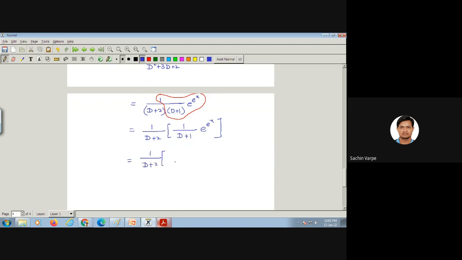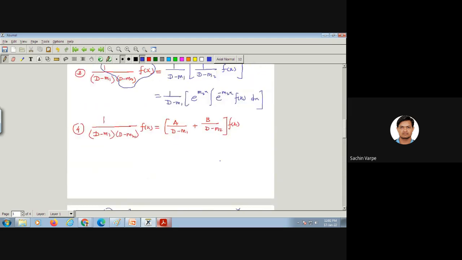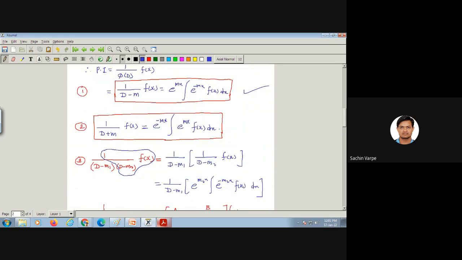It can be written as e to the power minus mx integration of e to the power plus mx f of x dx. देख लो formula. See here, the second formula I'm using: 1 upon D plus m f of x will be equal to e raised to minus mx integral of e raised to mx f of x dx.